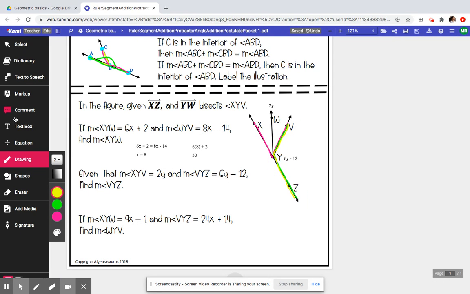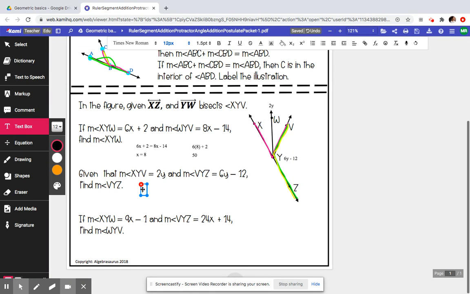Well, the answer is yes, and we know this because XZ is a line segment, and a line is 180 degrees. So we can do 2y plus 6y minus 12 equals 180 degrees.